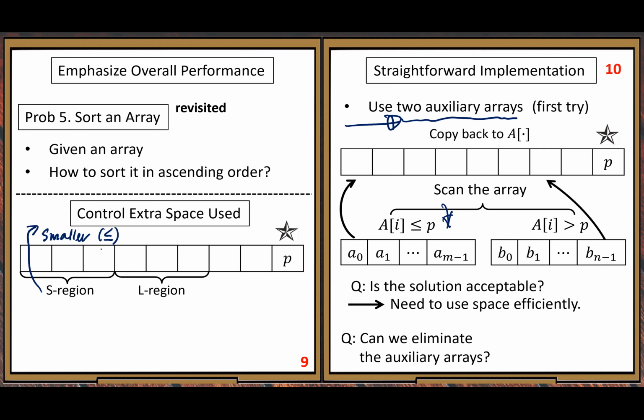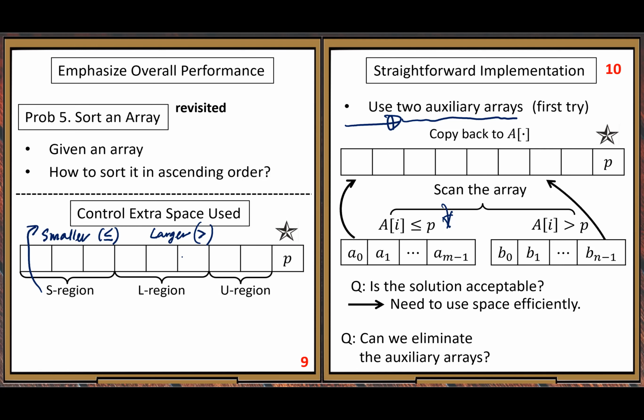Another one, L region, L means larger or greater than P, strictly larger than P. Then we also need to give a third region here.